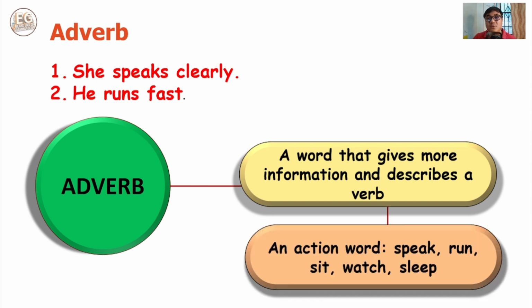So it is something a person does, like speak, run, sit, walk, sleep, eat, jump. So all these are verbs. So an adverb has a relation with a verb. It will give us more detail, information about a verb.